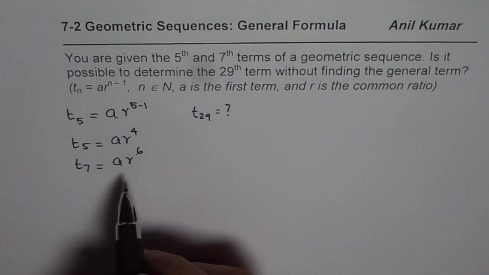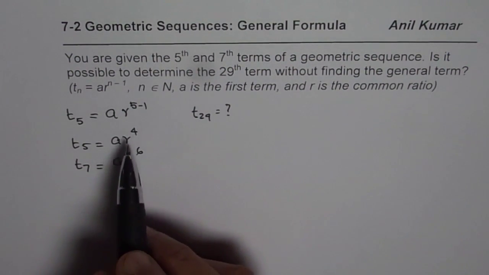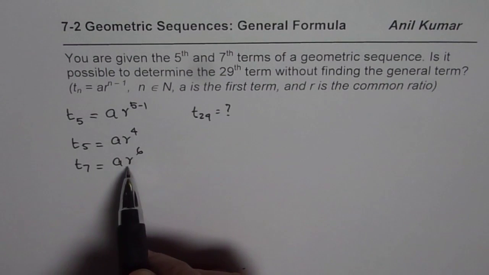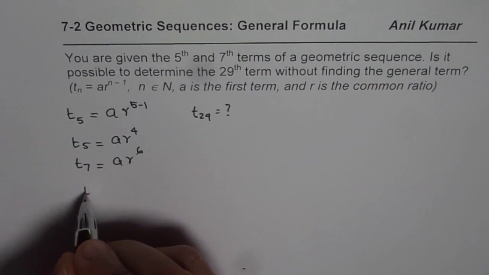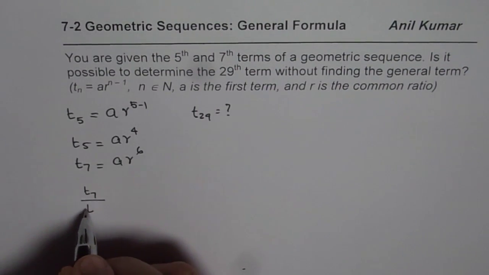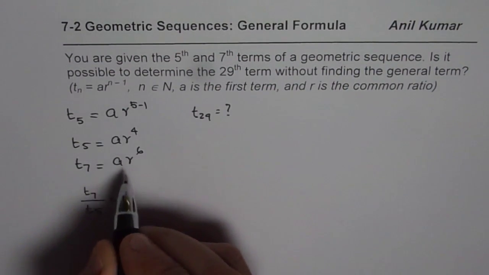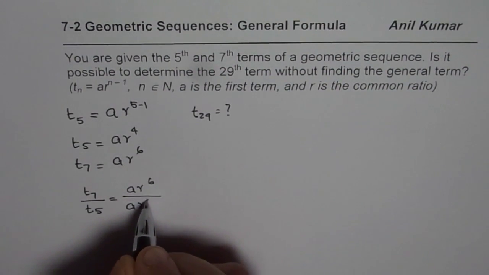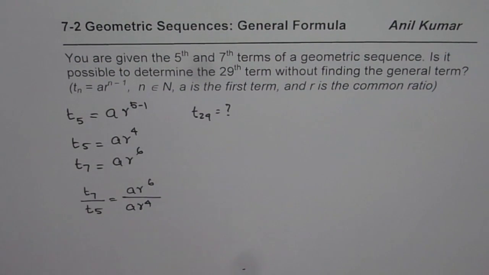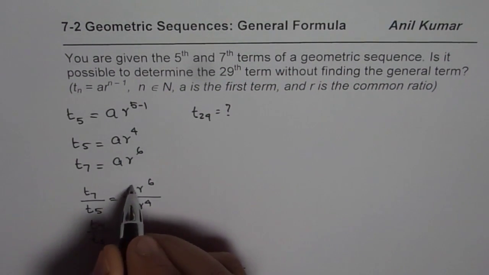Now, in a geometric series, since we know there is a common ratio, the ratio is actually the solution, right? What is T7 over T5? T7 is a r to the power of 6, T5 is a r to the power of 4. So T7 over T5 can be written as a and a cancel.